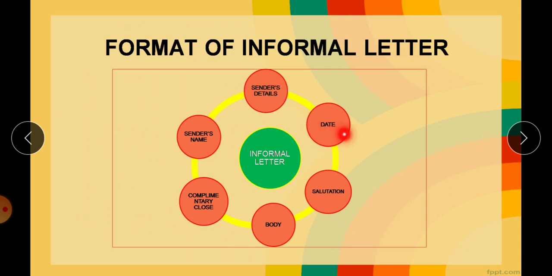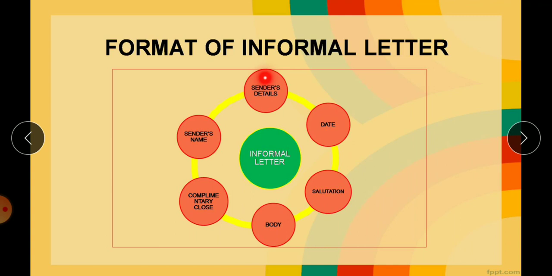It is followed by the date, then salutation, then the body of the letter, complimentary clause and sender's name. So format of letter is having 6 components. These are the 6 components. Sender's detail is the first one, then date, then salutation, then body, complimentary clause, sender's name and sender's detail.